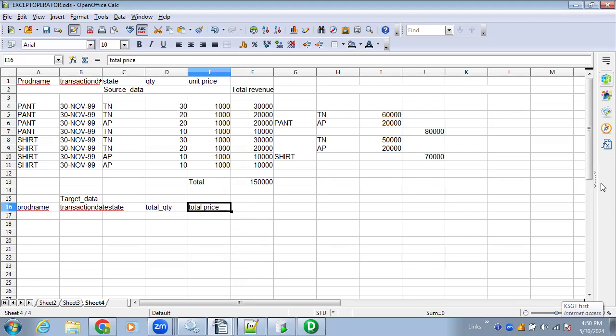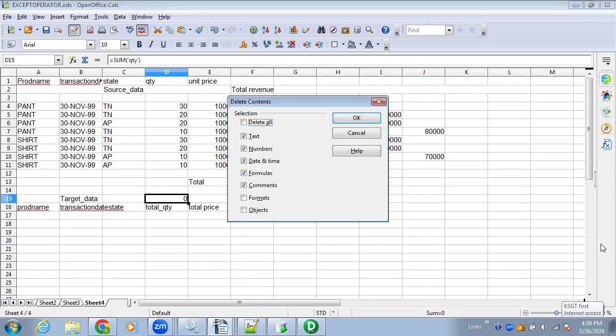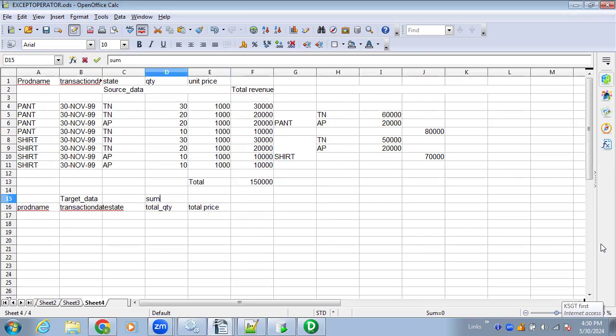So I'm using the aggregate function sum of quantity, and here I want to use one more aggregate function. Sum of quantity into price will become your total revenue.